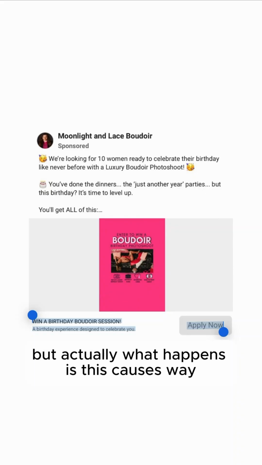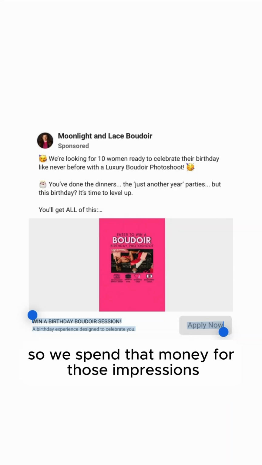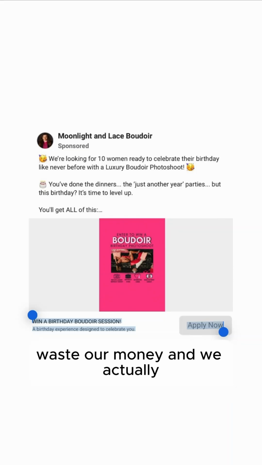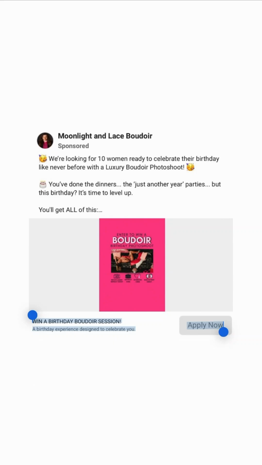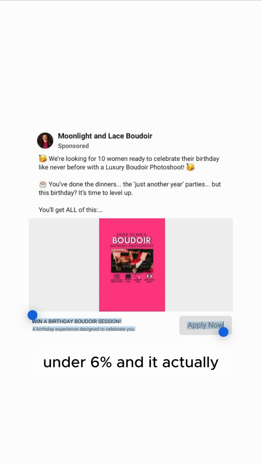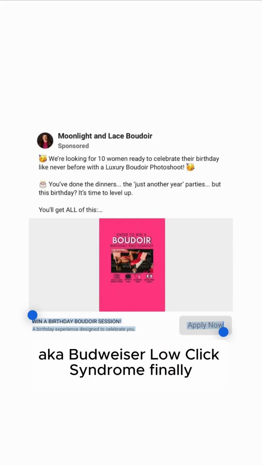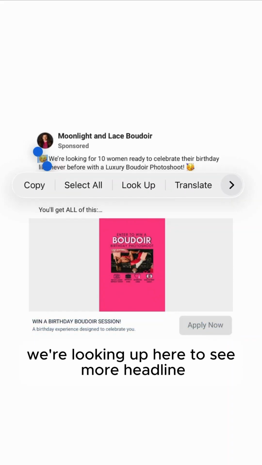But actually, this causes way, way, way more women to scroll by our Boudoir Facebook ads than necessary. So we spend that money for those impressions, waste our money, and this pulls down our unique CTR under 6%, and it increases the probability that we have BLCS, aka Boudoir low click syndrome.